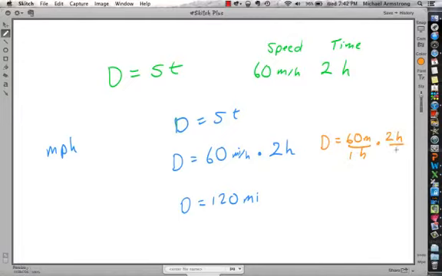And when we get a little farther in fractions, you'll realize that the hours cancel out, and you're just left with miles. 60 times 2 equals 120 miles. You're just left with the mi for miles. Okay, hopefully that makes a little bit of sense. The distance formula is kind of a cool one. If you know two of the things, you can solve for a third.